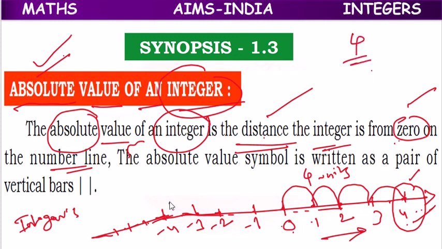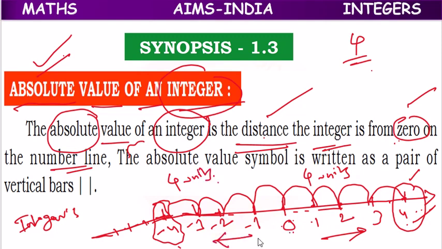Whereas if you want to find the absolute value of -4, from 0 it is at how much distance? 0 to 1, 1 unit, 2 units, 3 units, 4 units. It is also at a distance of 4 units from 0, but towards the left hand side.